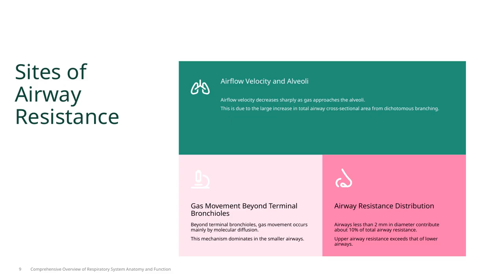This distribution of resistance plays a crucial role in airflow regulation and can impact breathing efficiency, especially in conditions where airway narrowing occurs. All these points tie back to the overall theme of how our respiratory system is finely tuned to optimize gas exchange while managing airflow resistance efficiently across different regions.